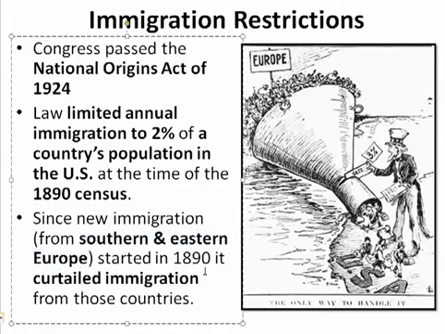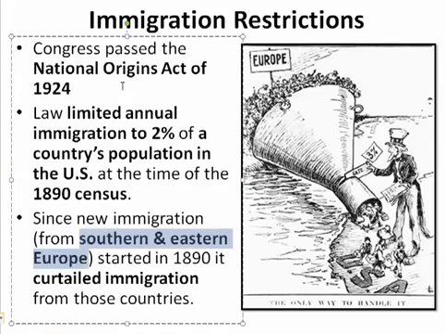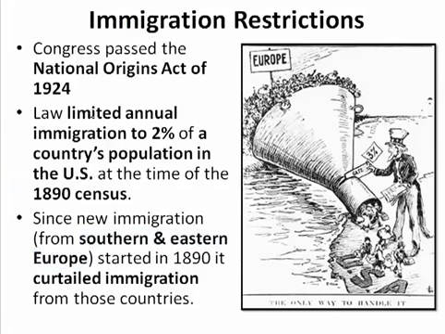At this time, we're going to restrict immigration from Southern and Eastern Europe with this National Origins Act of 1924. So the law is going to limit annual immigration to 2% of what the country's population was in the United States in 1890. And since there weren't many people from Southern and Eastern Europe in 1890, that reduces tremendously the number who could come into the United States.